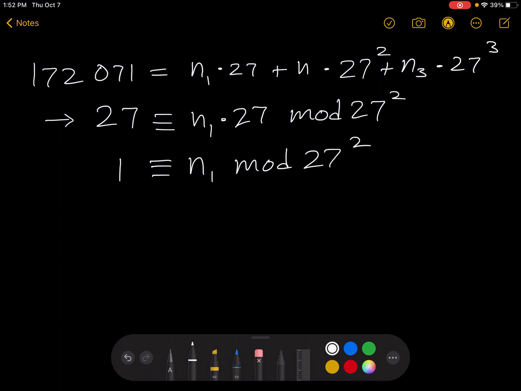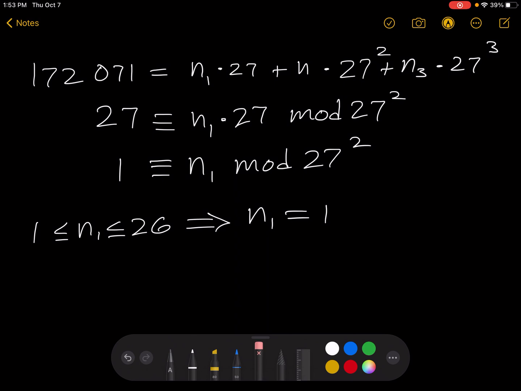And for similar reasons as with n0, since n1 is between 1 and 26, this tells us that not only is n1 congruent to 1 mod 27 squared, but that n1 actually equals 1.